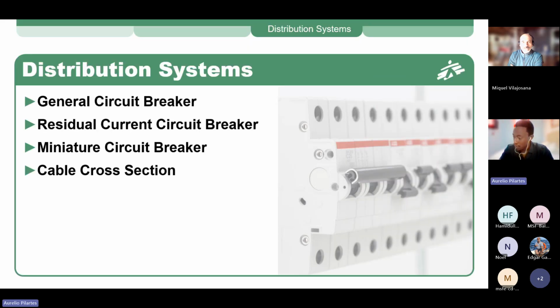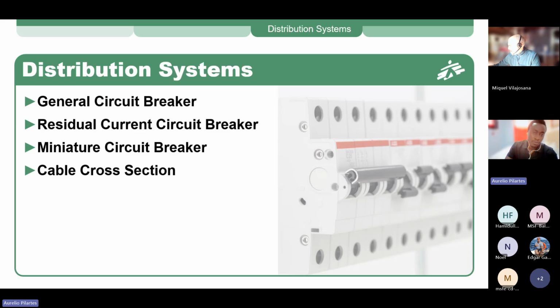Okay, as we were saying, among the protection devices that we use in an installation, we have the general circuit breaker that will be there to protect the whole installation against overcurrents and short circuits. So when the general circuit breaker trips, the whole installation will be in outage. You will have power off everywhere.